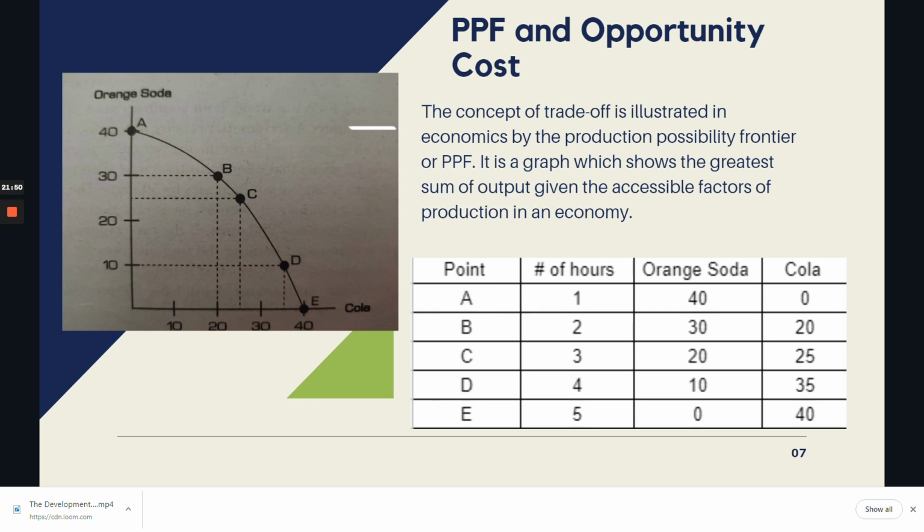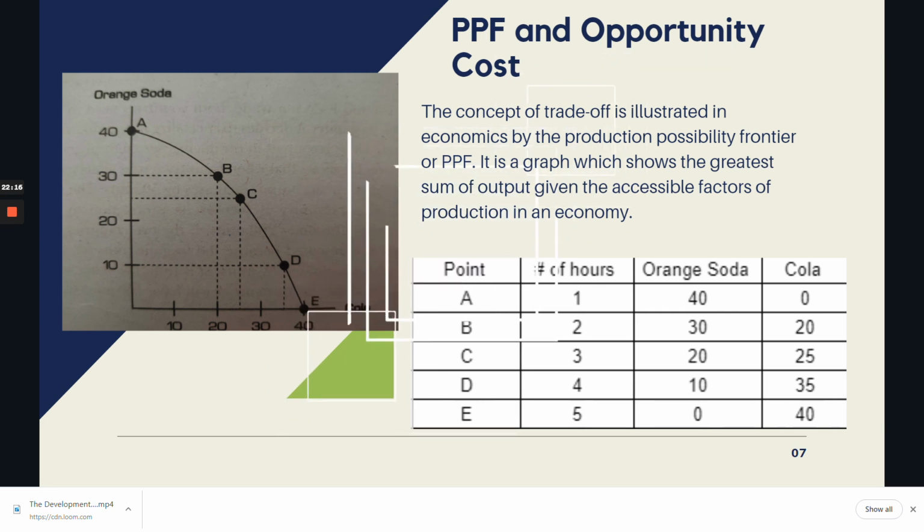So makita nimo sa graph ug unsa asa ka pwedeng o unsa nga product ang pwede nimo i-produce with the highest amount, no? So sa makita nato sa atong graph, we have the orange soda kining 10 to 40 nga pa vertical. The horizontal is the cola or Coca-Cola.